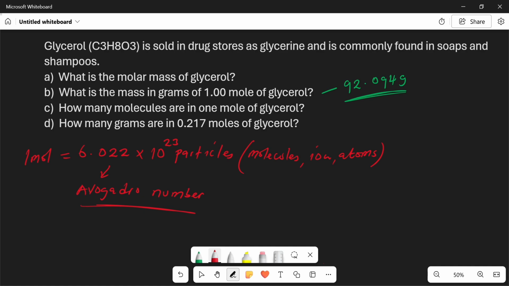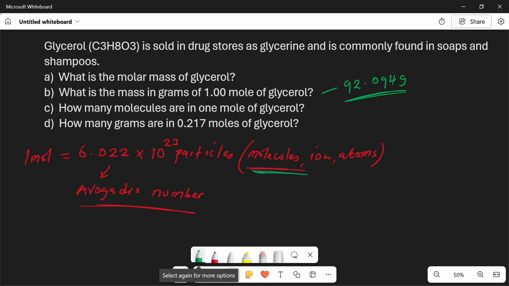So 1 mole of any substance, in this case 1 mole of glycerol, has this same number of particles, 6.022 times 10 to the power of 23 particles. Now the particles we're talking about are molecules in this case.